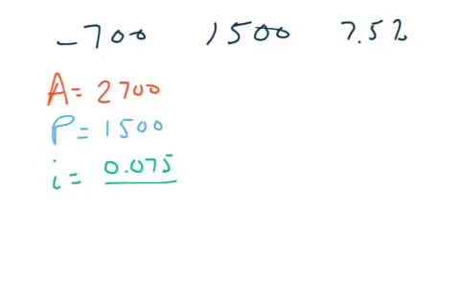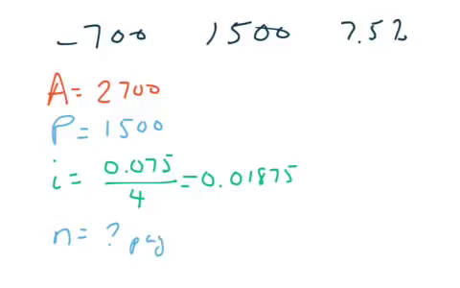But because it's compounded quarterly, we're dividing that by 4. That number works out to 0.01875, or 1.875%. The question that we are looking for is what is n? N in this case is the number of not years, but pay periods or quarters.